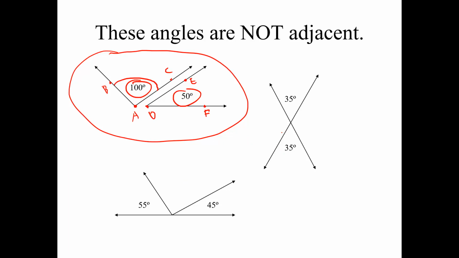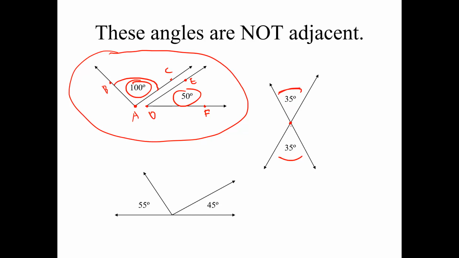The second example is this one here. Although they have the same vertex, in which they have this 35 and 35 degree, they are not side by side.